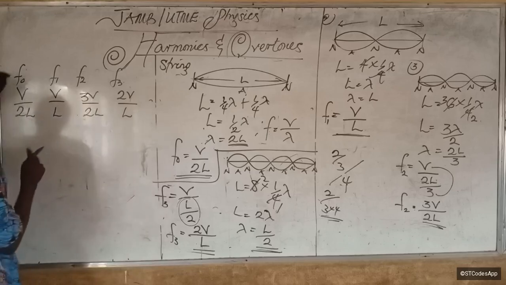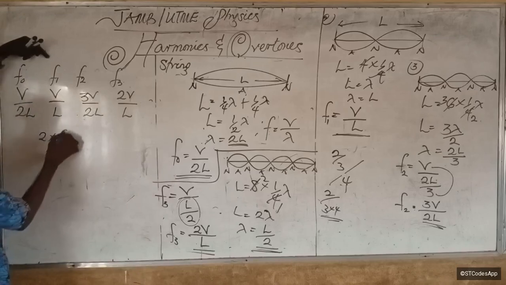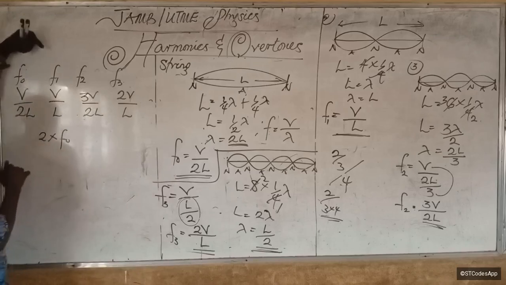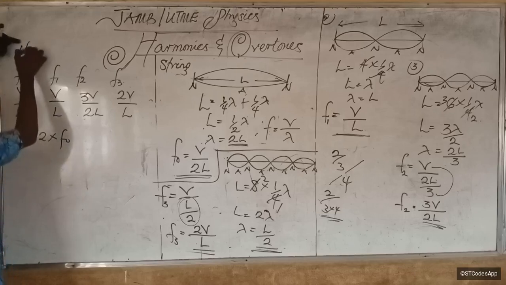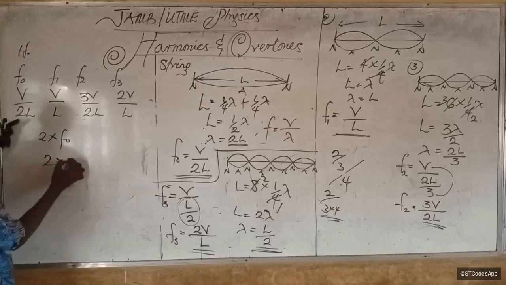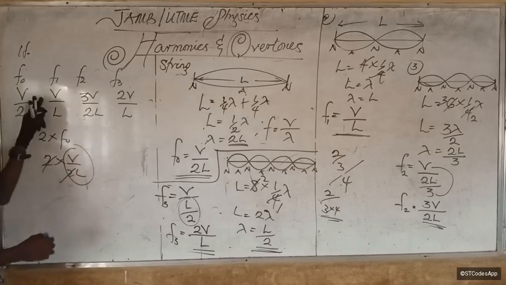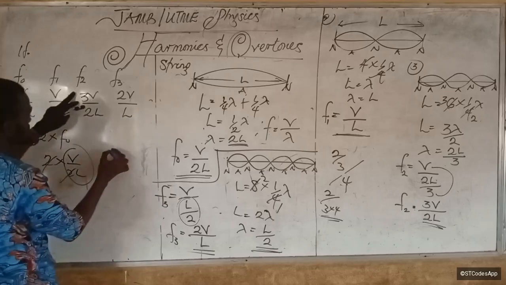Now, what does this look like to you? Does this not look like, when we said second harmonic, we are saying 2 times F sub naught? So the first is 1 times F naught. Let's see. 2 times F naught is what? 2 times V over 2L. Does it not look like it? Third harmonic is what?